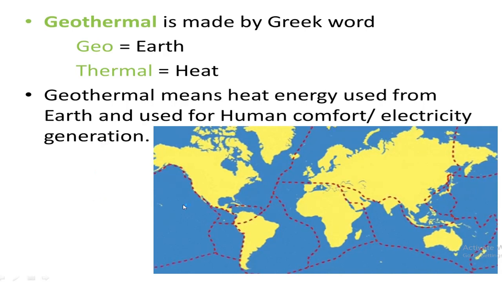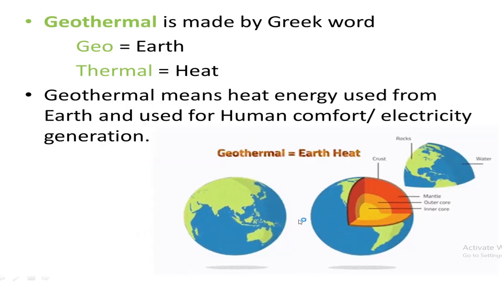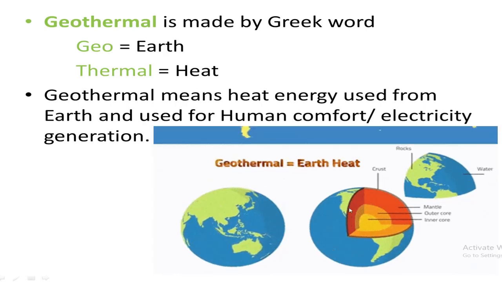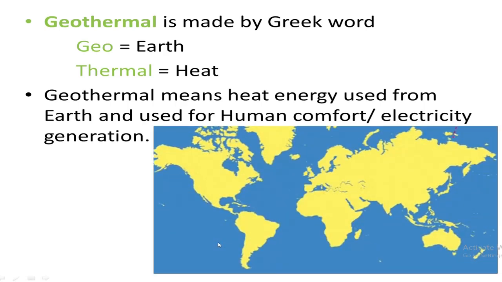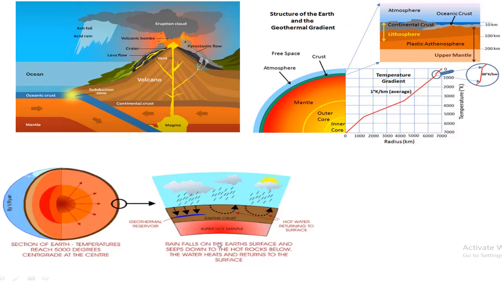When we look at this animation, we know that inside the earth there is a high temperature, near about 500 degrees centigrade at the center of the earth. But we don't feel it because of the various layers of rocks over it.